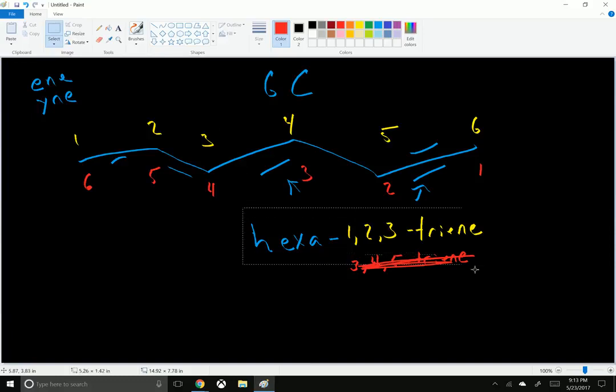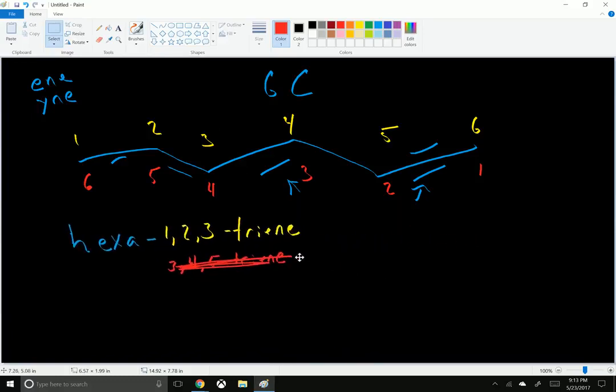Now, just to give myself a little bit more room, I'm going to shift this over to the left. And what comes next is going to be the triple bond. And I made a mistake. This should just be triene without the terminal E, because that's just the way we do it.